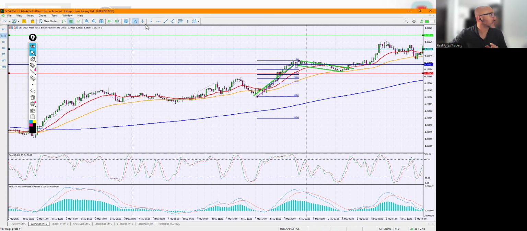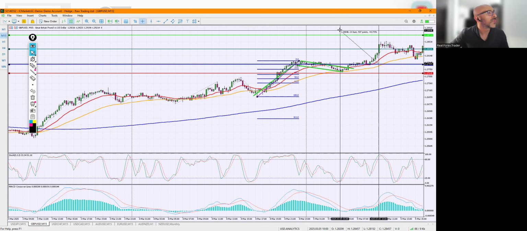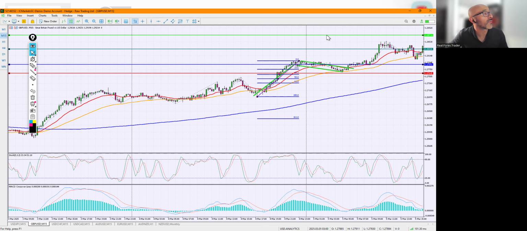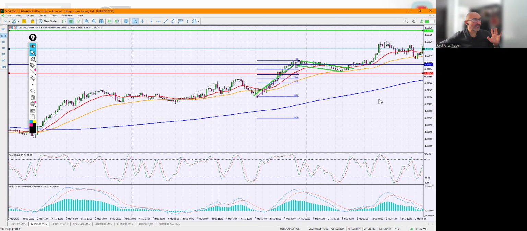So from your entry point, you can also calculate from here to here. 100 pips is around this area in the 912 here, right? So that's the aggressive version.